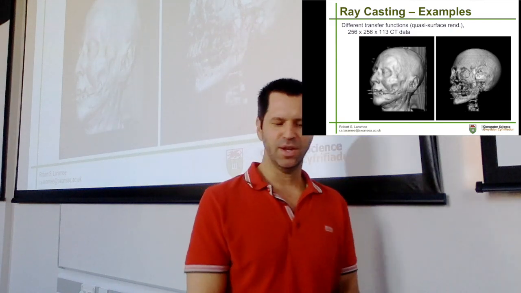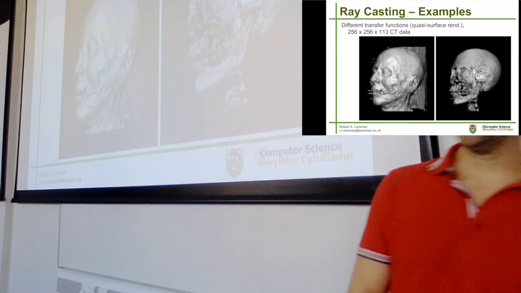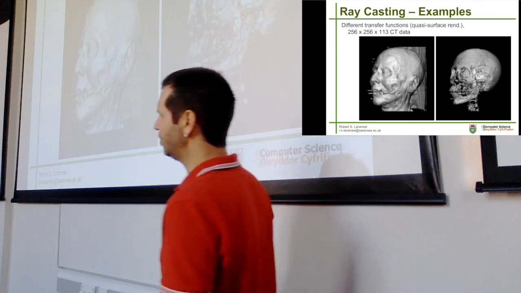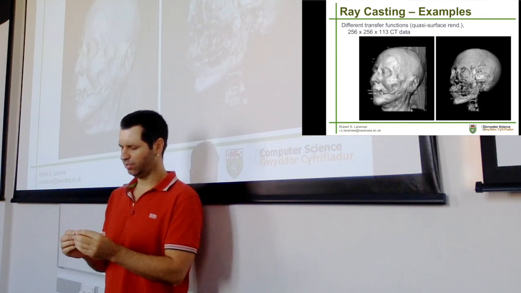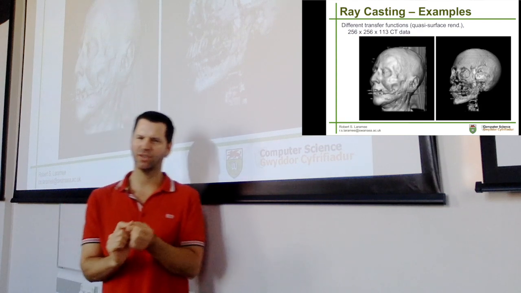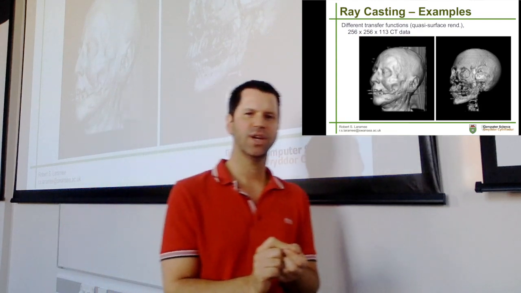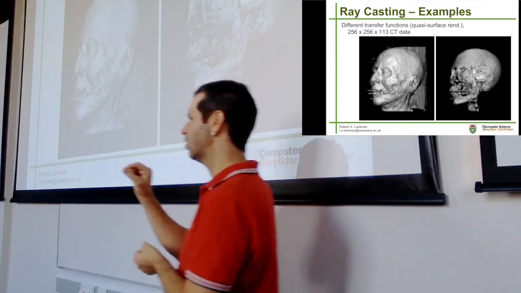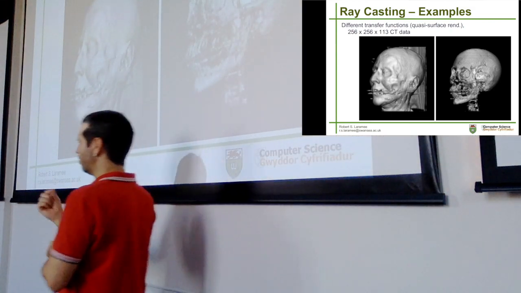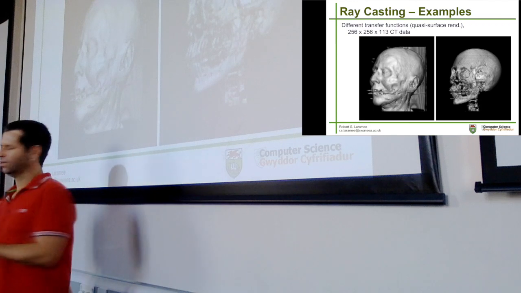But in these images, the surfaces are no longer necessarily binary. So in the marching cubes algorithm, the surfaces are constructed of triangles, and triangles are infinitely thin. So you're either on the surface or off the surface.